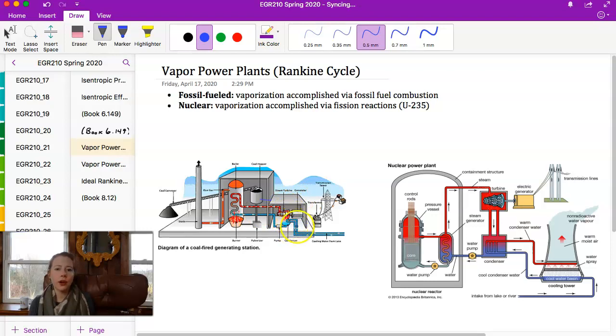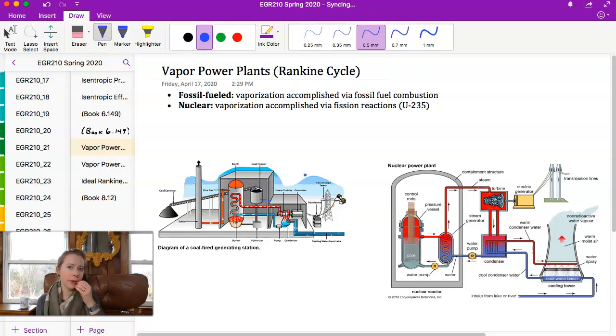Some of the cooled water then goes into the cooling tower for the plant. And then the rest of the water is sent back through and recycled here, and is heated back up and vaporized, and it goes on and on. So the difference with these different power plants is what energy source is vaporizing the water.